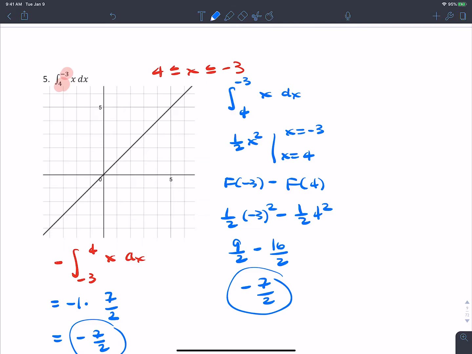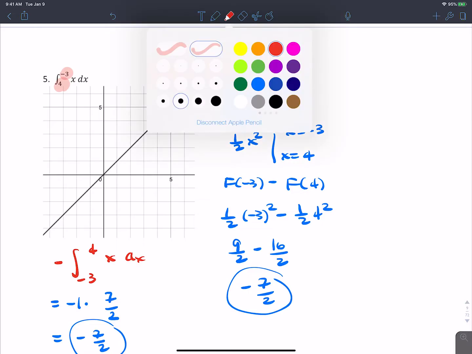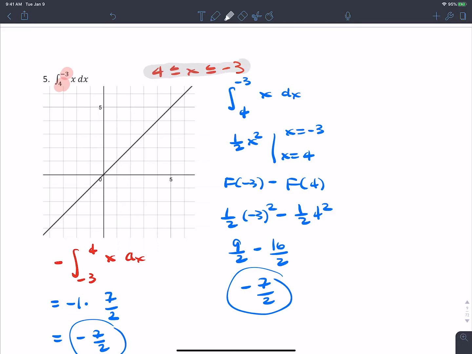So what I want to remark here is simply this. If they write your limits this way, where it's backwards, this isn't even true. So you guys know, this is a false statement here. That's a false statement. That's not even true. Let's put that word down in red. This is false, right? We can fix it this way by putting the negative sign.